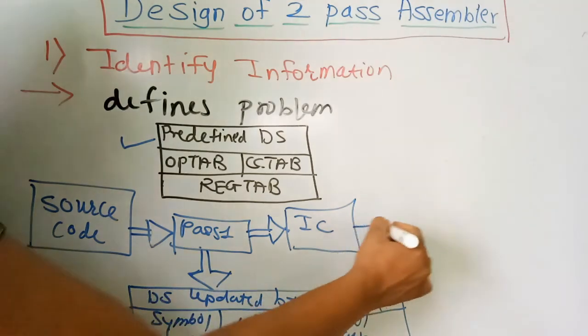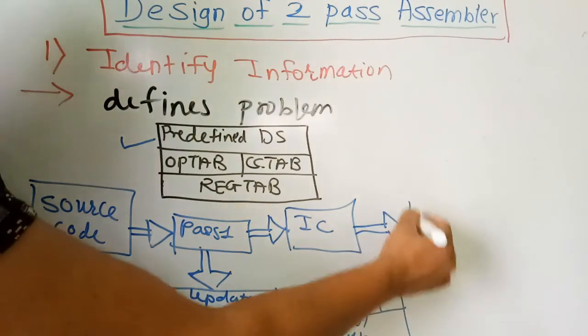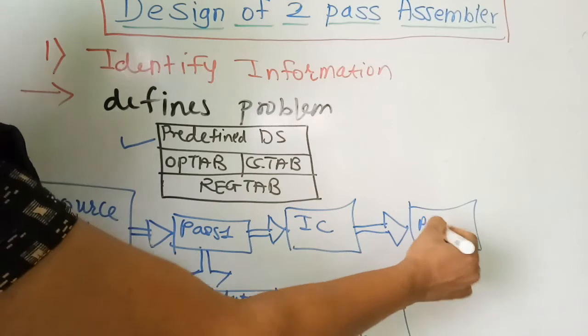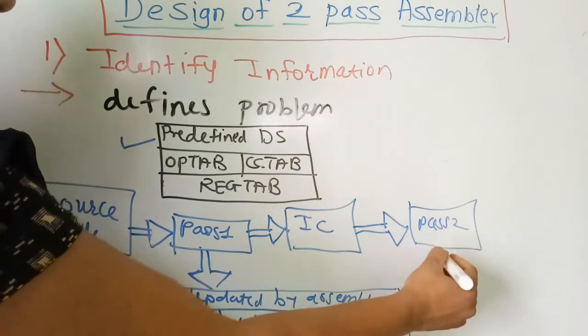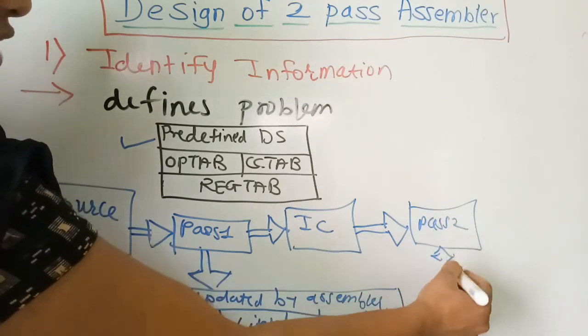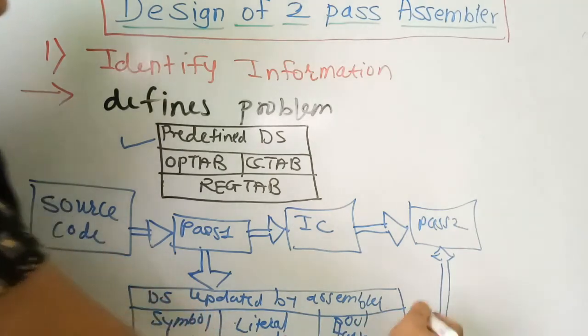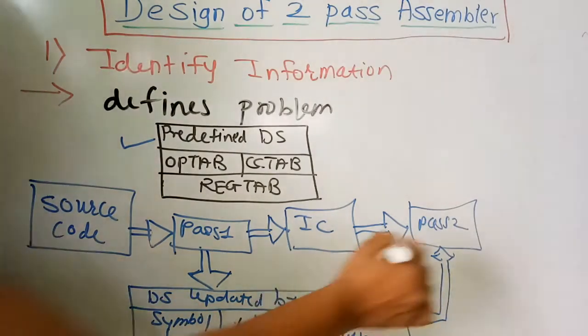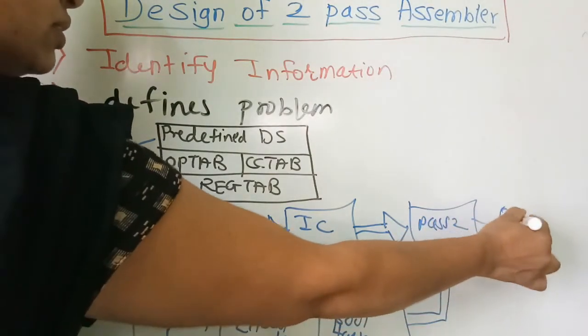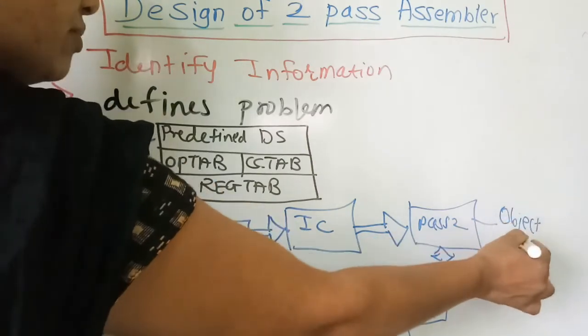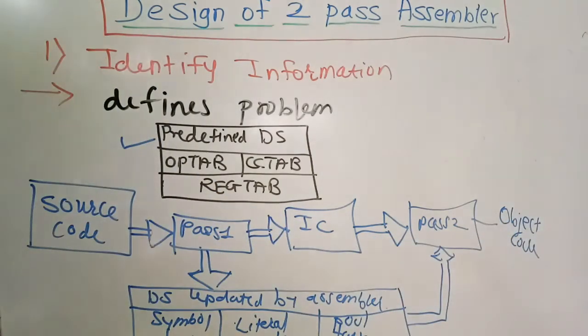After completing this, the intermediate code is provided to pass 2 of the assembler, and these data structures are also provided to pass 2, and coming to the last stage, it gives us the object code.